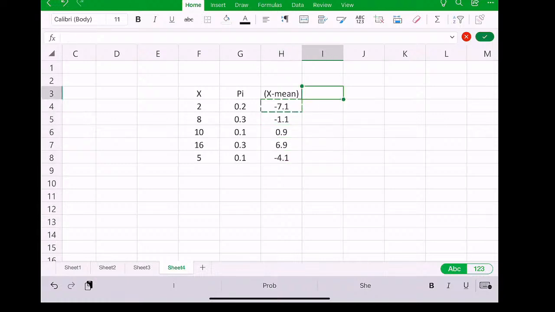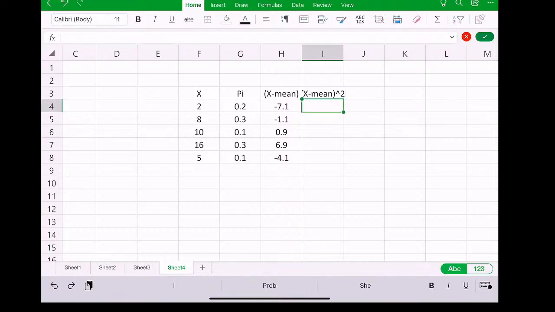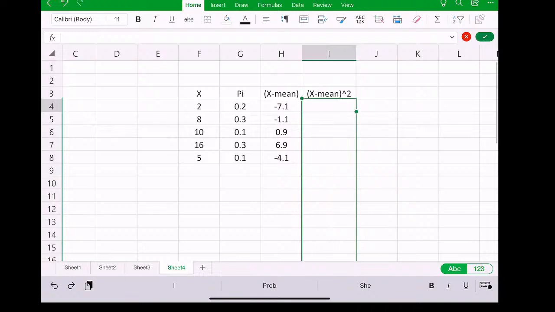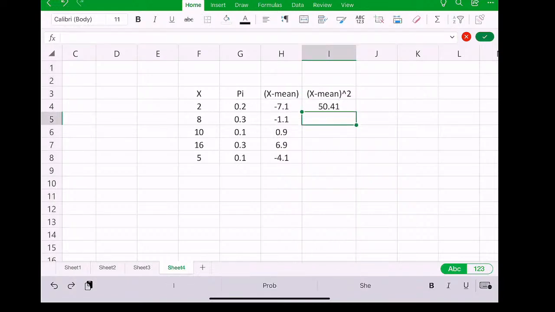And then here, I'm going to square each of these all the way down.